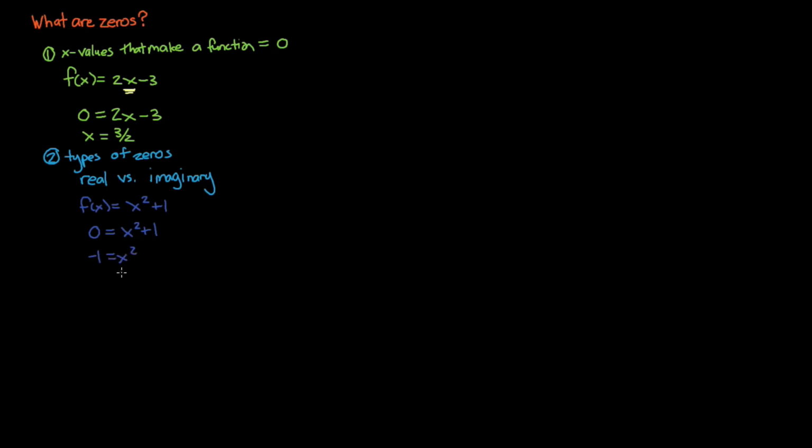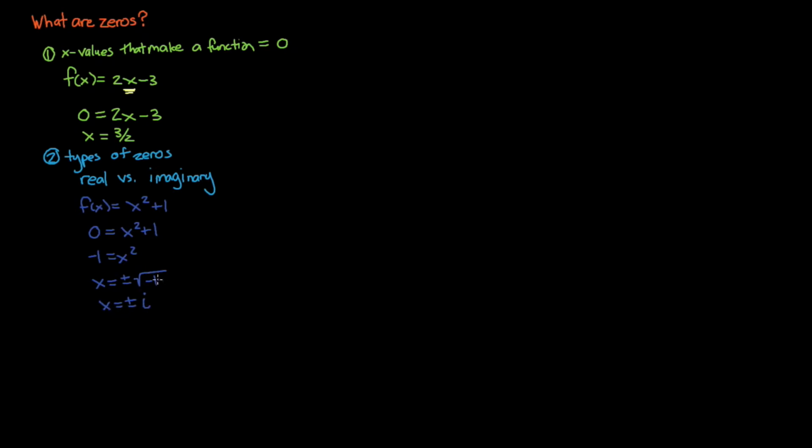And then we take the square root of both sides, not forgetting that we would have a plus or minus option there, of negative 1. And the square root of negative 1 is defined as i, so then we get x equals plus or minus i. So that would be two imaginary roots.